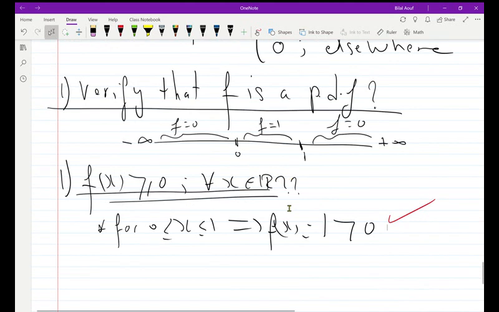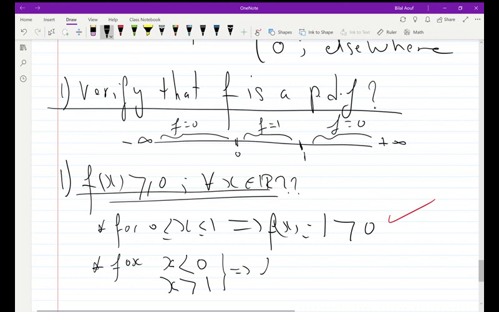For the other two intervals, minus infinity to 0 and 1 to plus infinity, f is equal to 0. For x less than 0 and x greater than 1, f of x is equal to 0, which is greater than or equal to 0.